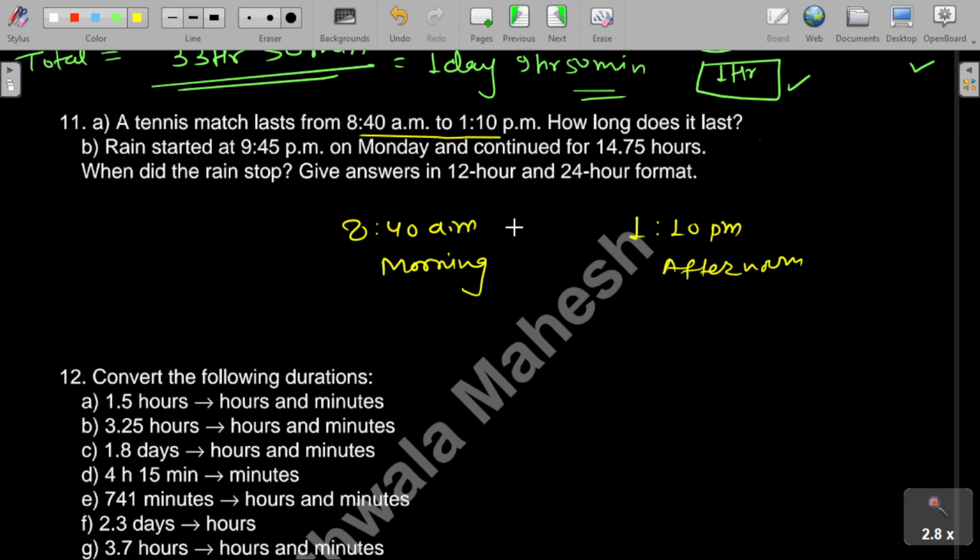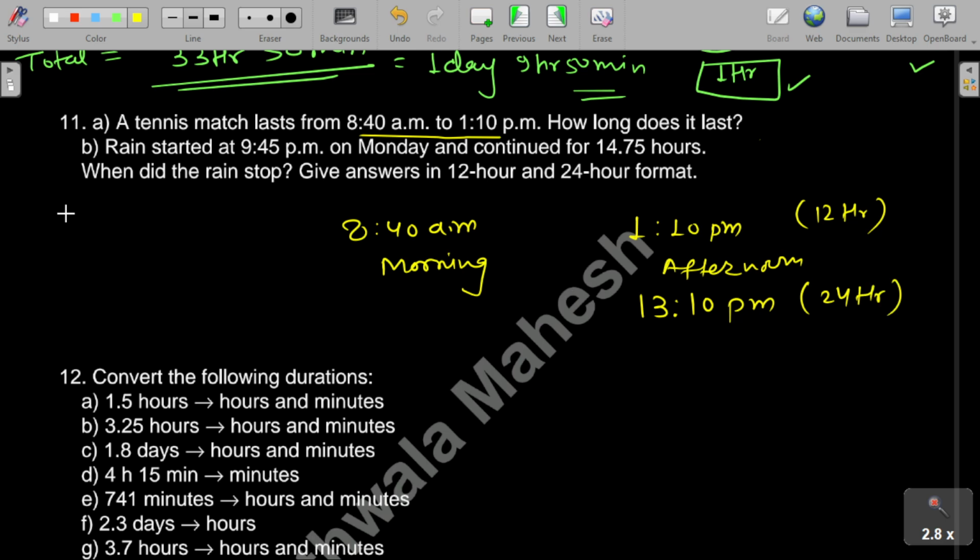So we can write 13:10, because this is the 12-hour format and this is the 24-hour format.